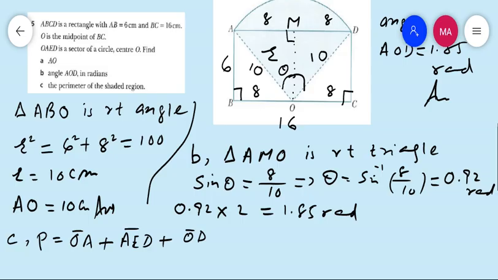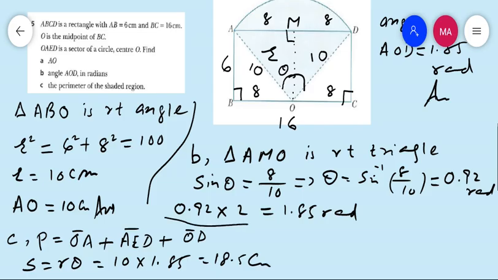But arc length, what is the formula of arc length? S is equal to r theta. R is 10. Theta means angle AOD, which is 1.85. So 10 multiplied by 1.85 is 18.5 centimeter.